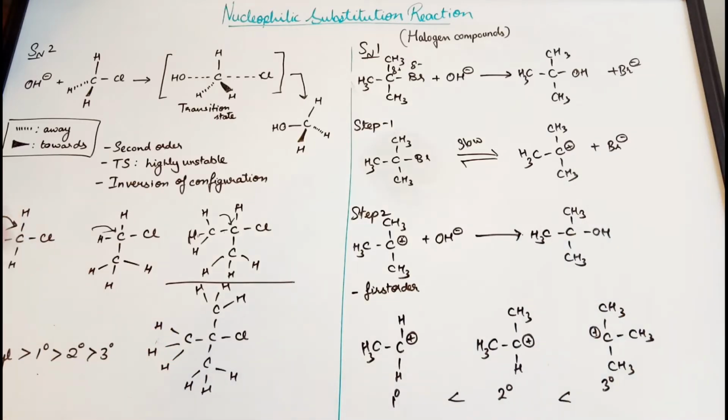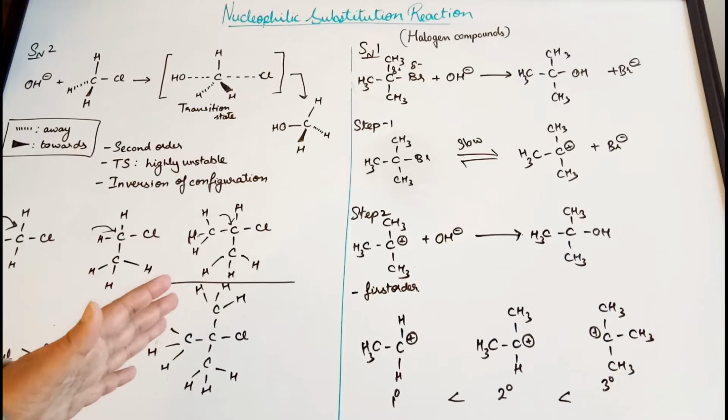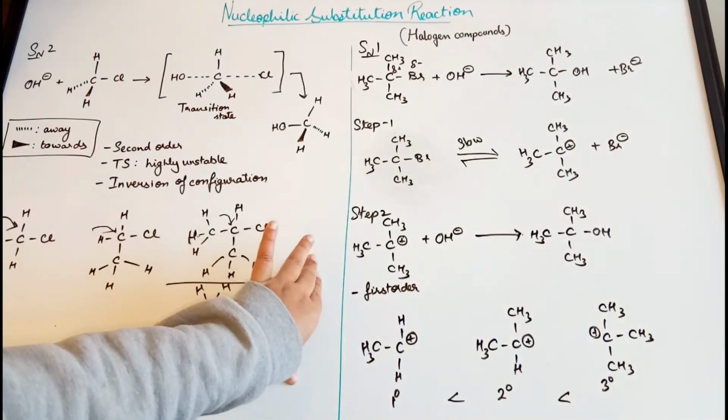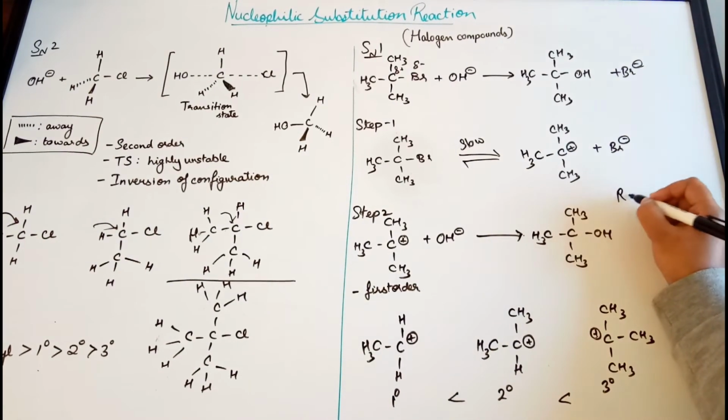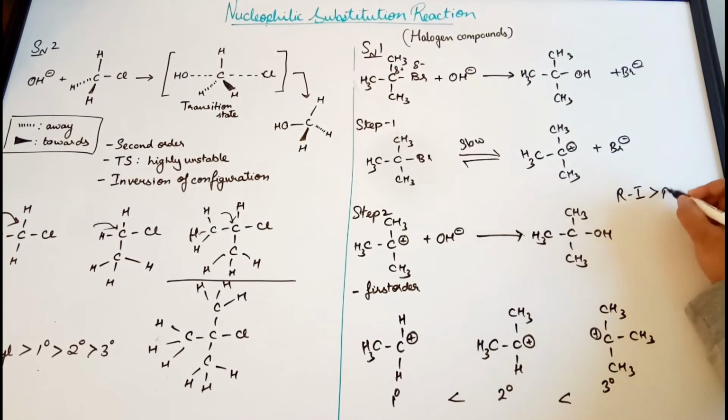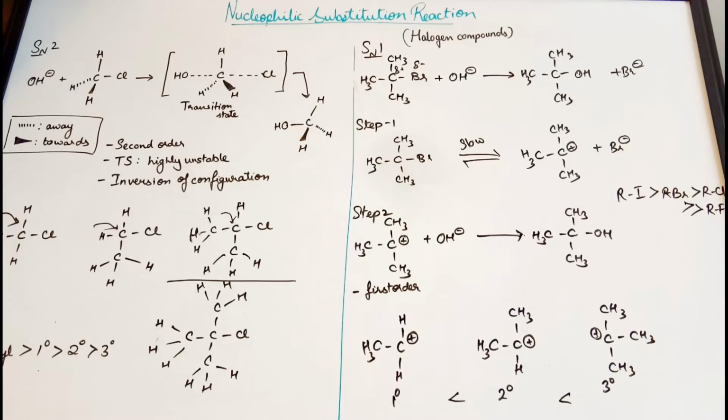Now for the same alkyl group, the reactivity of the halogen compounds would be RI more reactive than RBr, then RCl, then RF. So with that we're done with the basic understanding of SN1 and SN2 mechanisms.